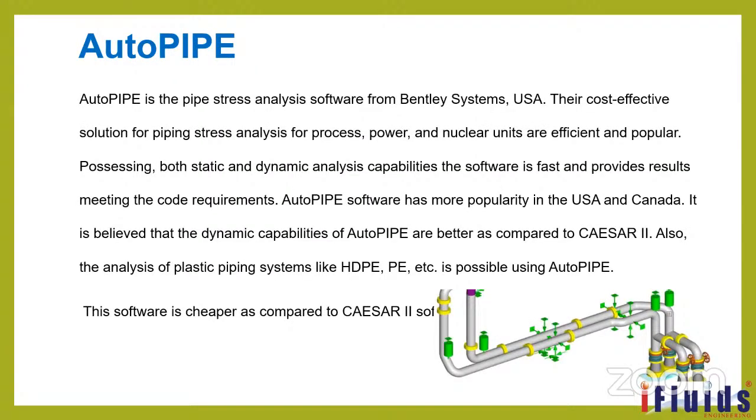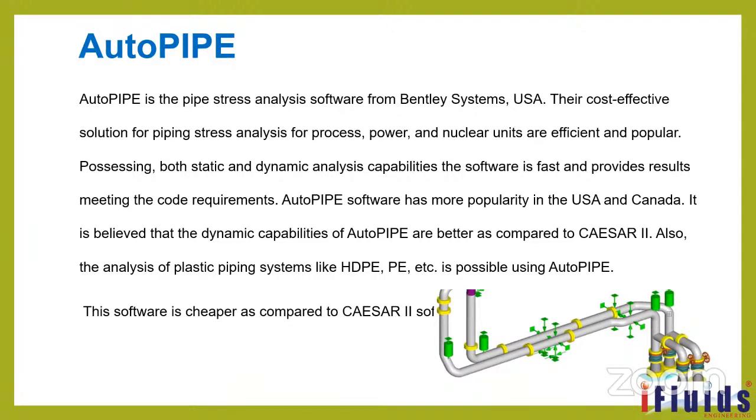Second, we are going to see AutoPipe simulation software. Like Caesar 2, it is also a pipe stress analysis software, from Bentley, USA. It is a cost-effective solution for pipe stress analysis, efficient and popular for process and nuclear piping.